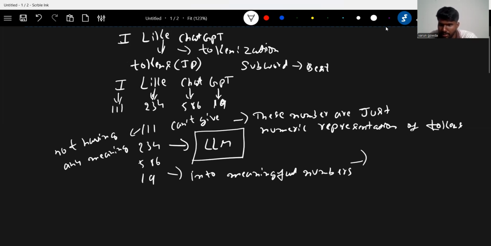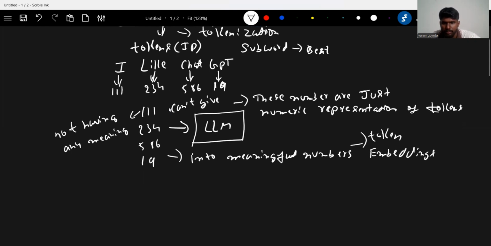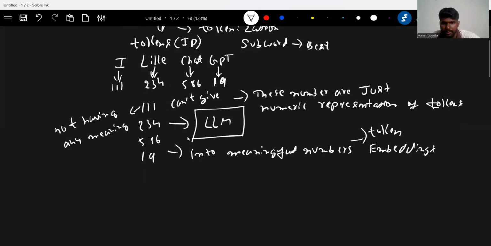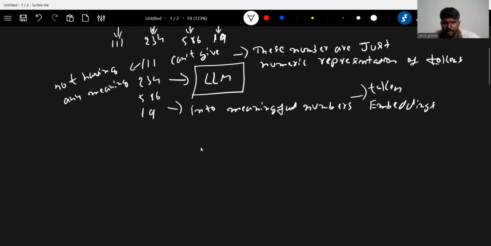These meaningful numbers are called token embeddings. Converting the input token IDs into meaningful numbers, these meaningful numbers are called token embeddings.